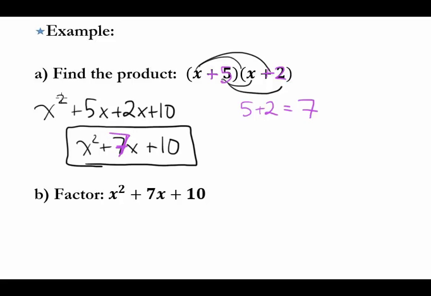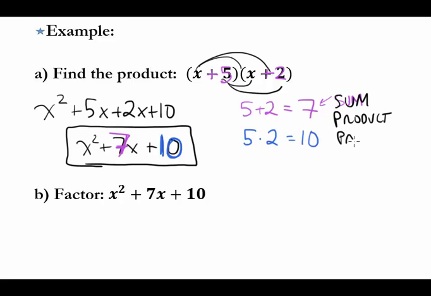And if I say the product of these numbers, 5 times 2, well, that's equal to 10. And there's a 10 right there. So this sum-product pattern can be used to very quickly factor trinomial expressions.